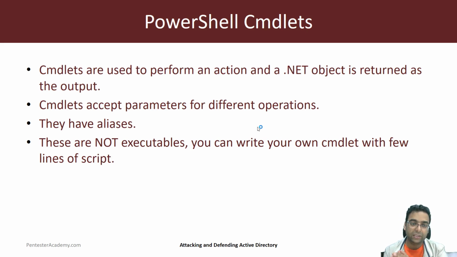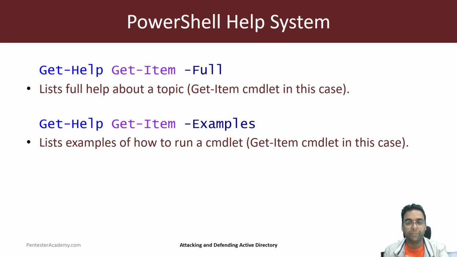Now, what is a commandlet? Commandlets are used to perform an action, and a .NET object is returned in the output. These are compiled .NET classes. These are not executables. There are different parameters which commandlets support. For example, here the Get-Help commandlet accepts the -Full parameter or the -Examples parameter.